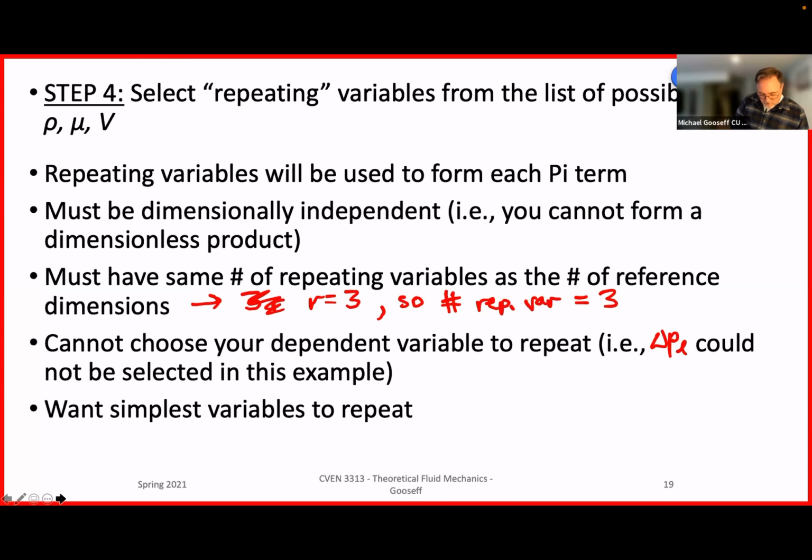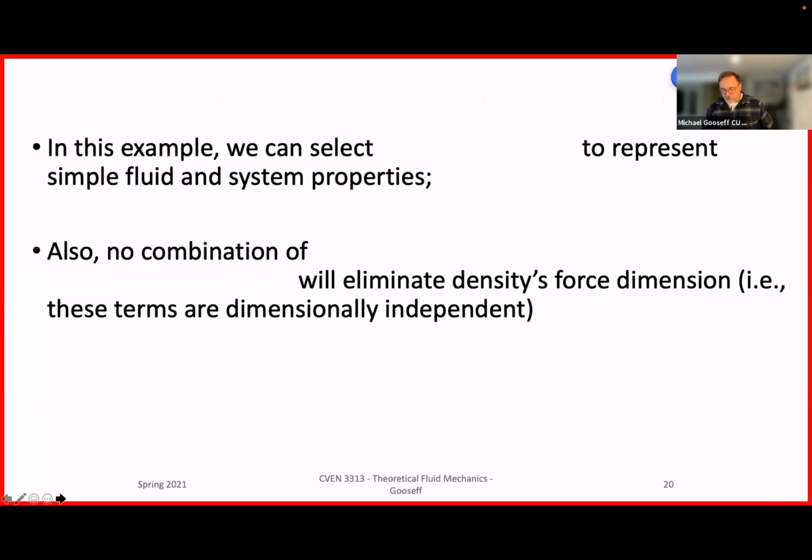Let's see. This is my next one. All right. I'm going to continue step 4 on the next slide. There wasn't too much to write there. So in this example, we can select V, D, and rho to represent the simple fluid system properties. So what have we left out? We left out mu. Is mu more complicated than the rest?